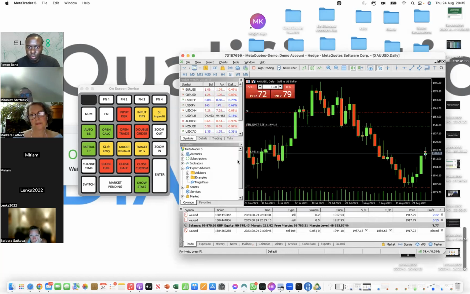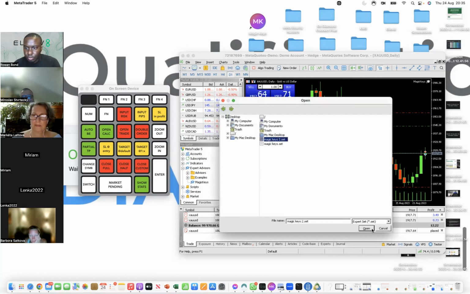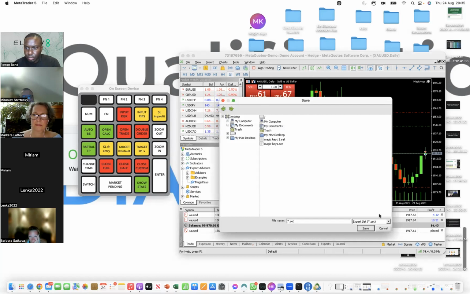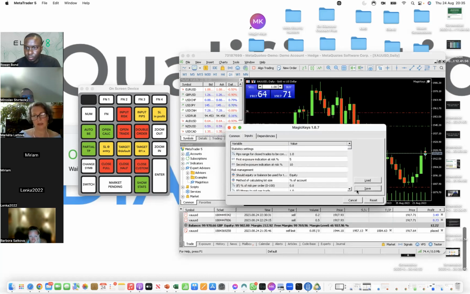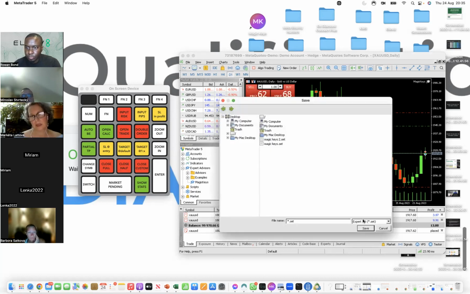Let me do it one more time. Inputs. Takže co jsem já pochopila, tak je to nějaká externí aplikace, kterou si můžeme nahrát, jak vidíte, do MetaTraderu.